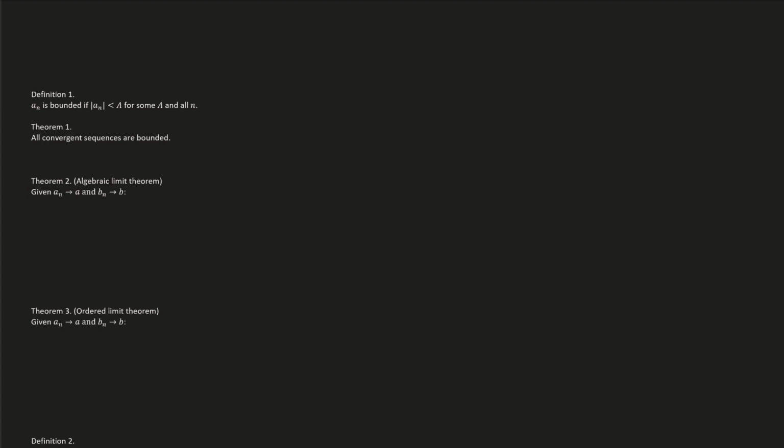So take the series, say a_n is equal to 1, 2, 2, 2 forever, then A of n is bounded because it never goes beyond 2 and it never goes beneath 1. So its absolute value never exceeds a particular value, whether 10 or 20 or 30, there is a particular point that it doesn't go beyond.